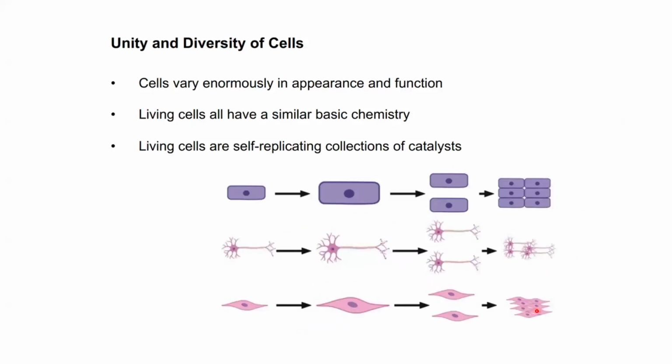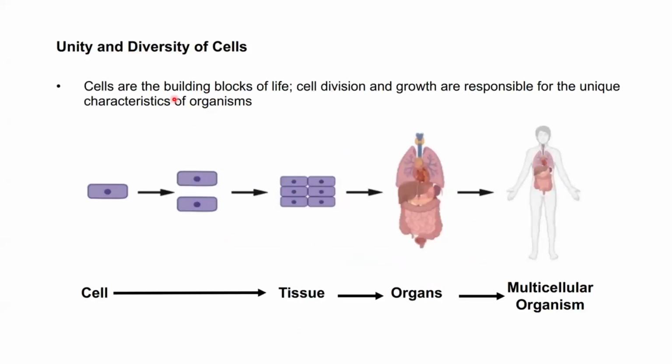And they're showing here that they can be organized in various different ways, have different functions, and different sizes and shapes. But at the end of the day, you can sort of boil it down to living cells are self-replicating collections of catalysts. And yes, there is a unity and diversity of cells.